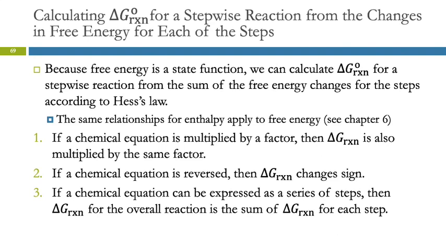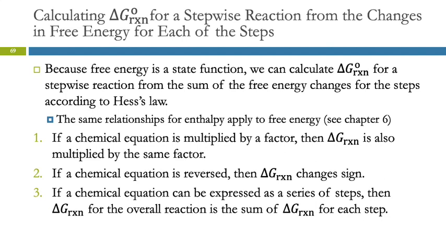So the third method is stepwise reaction. Free energy is a state function, so we can use Hess's law that says if we know the delta G's for a series of reactions that stepwise add up to the reaction we're looking for, we can figure out delta G for the reaction from those. So the same relationships go for free energy as went for enthalpy.